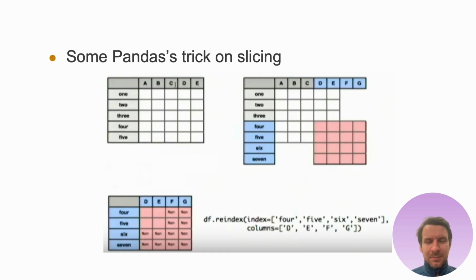So there is this command df.reindex, and there you specify what are the rows, which is called index, and what is the list of columns, and you will get a new data frame where if some values are not present, you will get not a number, and the rest you will get numbers copied from the original data frame.